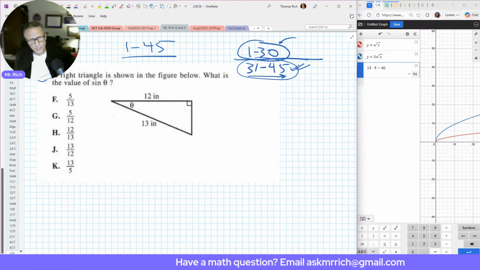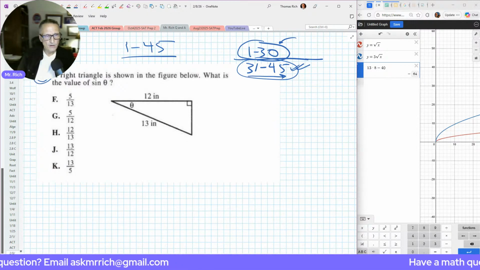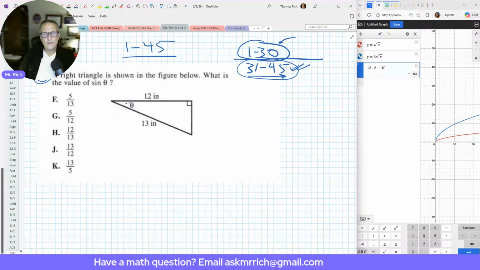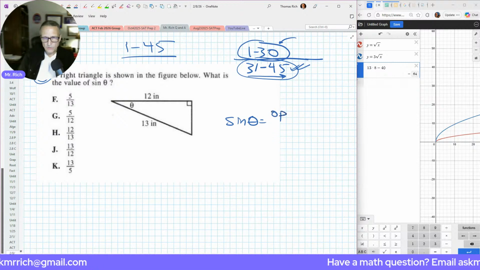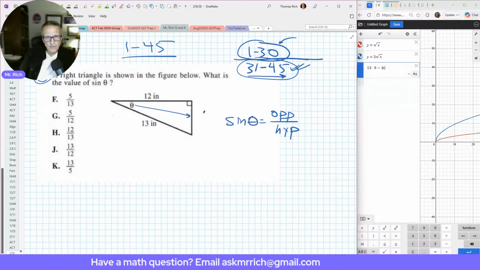This actually comes from the old version of the test when there were 60 questions. So this was in the first half of the test, and it was meant to be a relatively easy problem. It's saying, what's the value of sine of angle theta? Well, if you know that sine is opposite over hypotenuse, and that's the ratio, then the opposite side from theta is unknown.